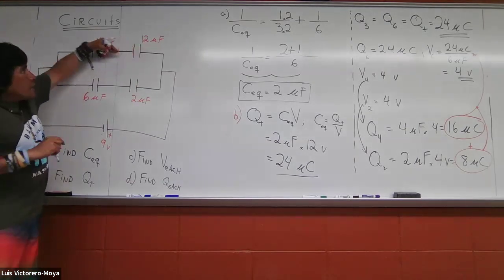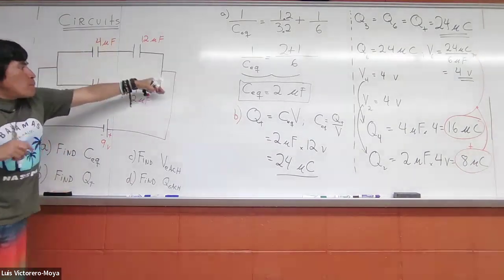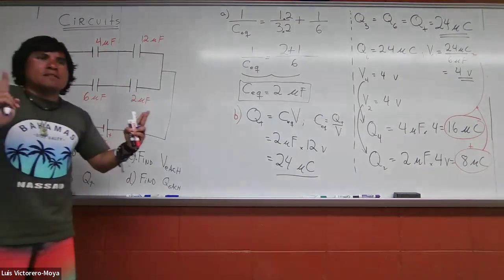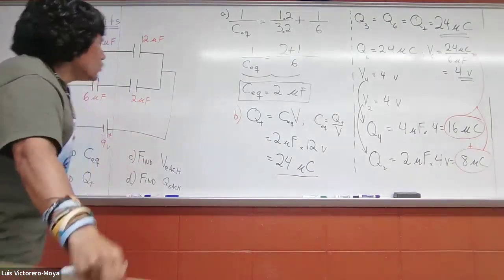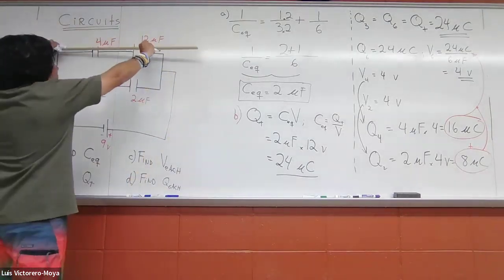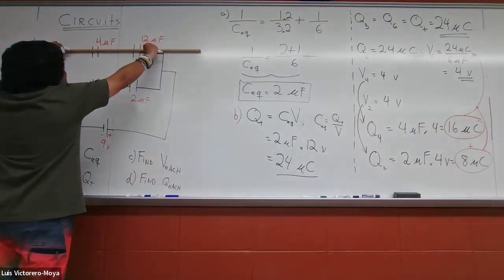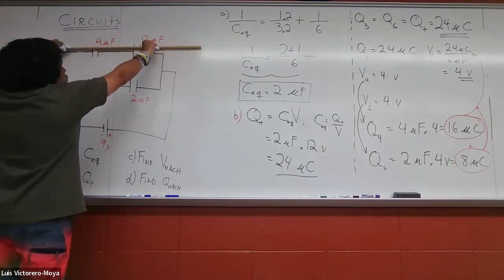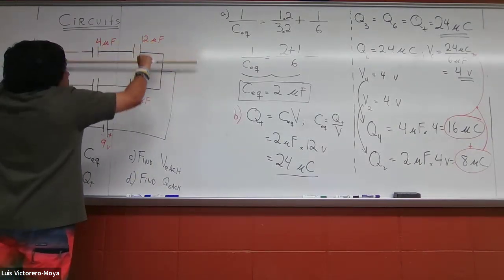This line is parallel to this line, but the whole line is in parallel. So you need to find the capacitance here and here, and then you combine them in parallel.